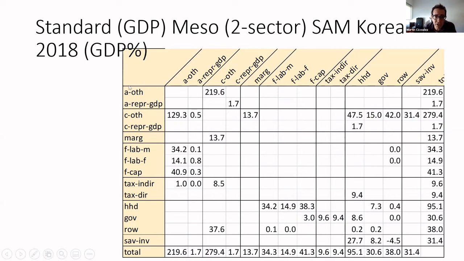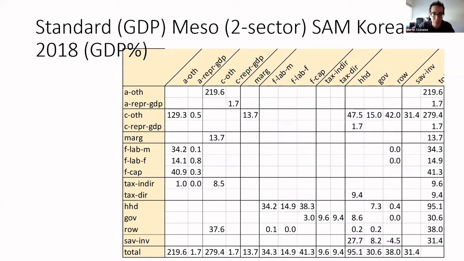And all the other sectors are together into one. We only have two sectors so that we can see the numbers in a PowerPoint. That's the only reason. The data that we are using for the model has many more sectors. So we have the activities and the commodities, and we make a distinction between them because the national accounts do exactly the same distinction.